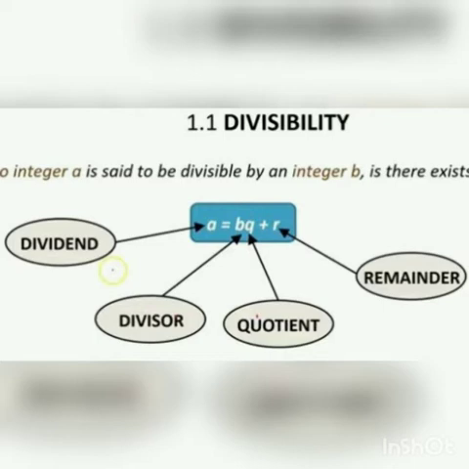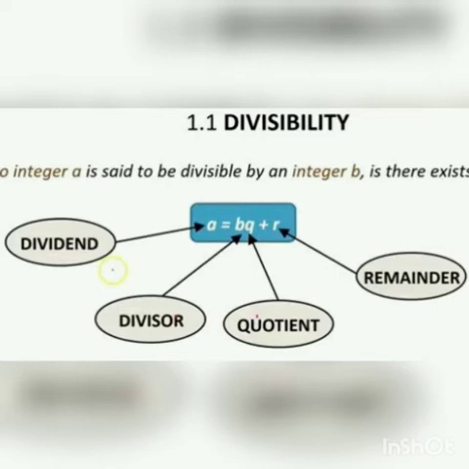Now, we have a very important concept regarding remainder. That is, remainder is always less than divisor and remainder is always greater than or equal to 0. So, what can be the maximum and minimum value of the remainder?